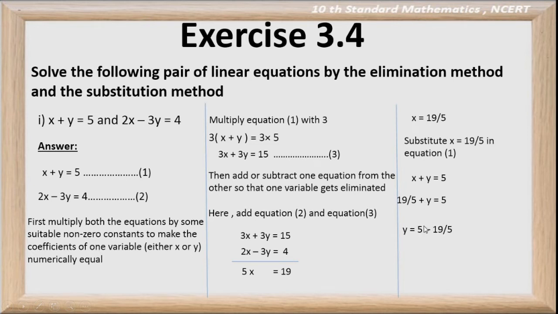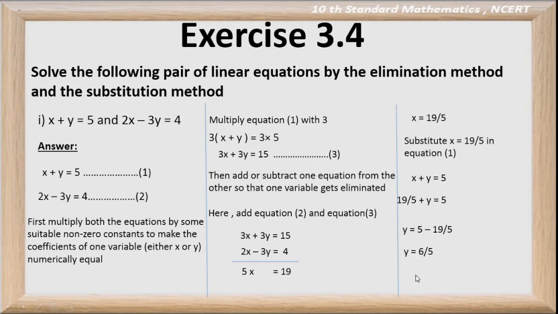So y equal 5 minus 19 by 5. How do we subtract? 5 into 5 is 25, minus 19 is 6. So y equal 6 by 5.